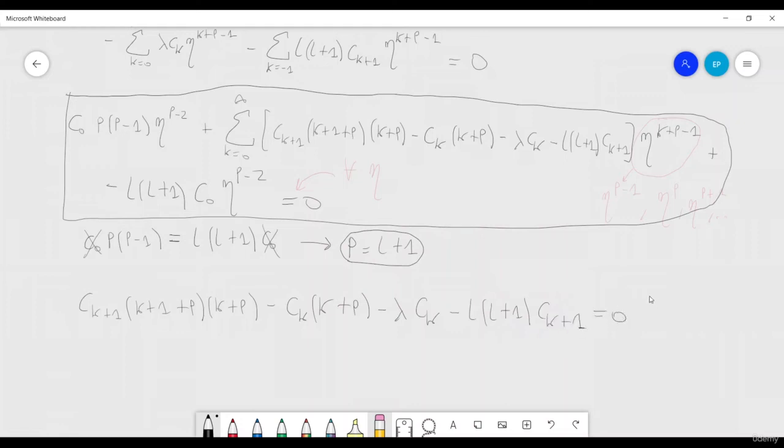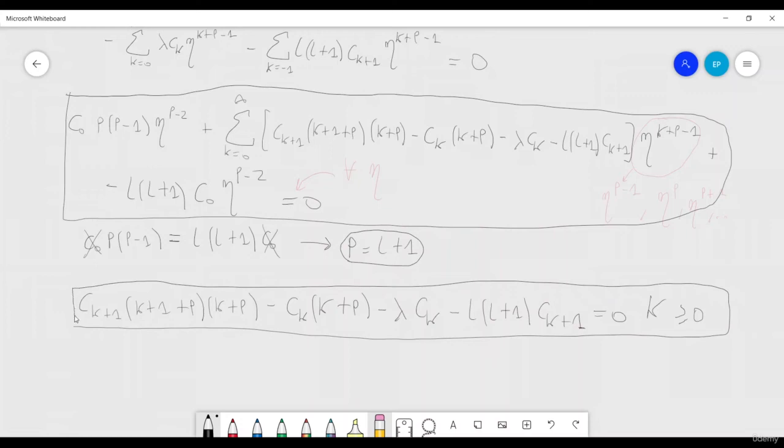So this is true for k greater than or equal to 0. And it will give us a recursive relation which can help us.